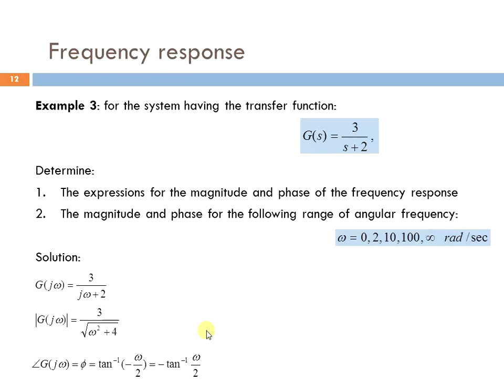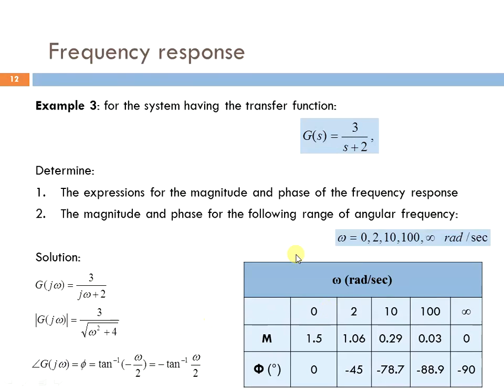We can evaluate these two expressions at the given frequencies, and when we do that, we end up with a table that has values of magnitude and phase corresponding to each frequency. So this is the table. For each frequency, we've got a value of magnitude and a value of phase.